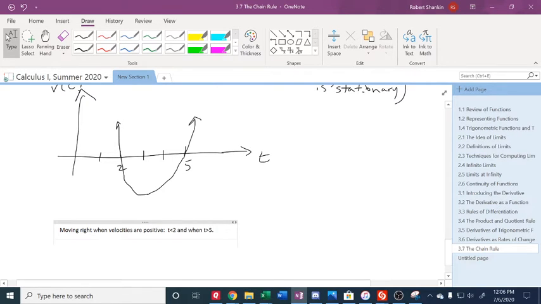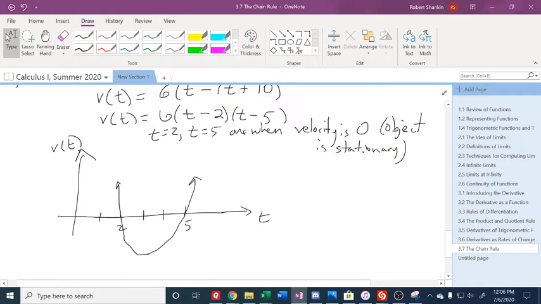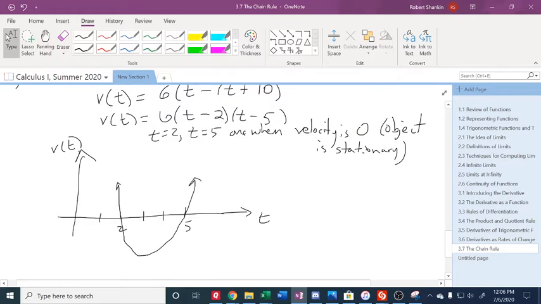And moving left when the velocities are negative, and that would be 2 less than t less than 5. When t is stuck between 2 and 5, that's when the velocities are negative, there and there.